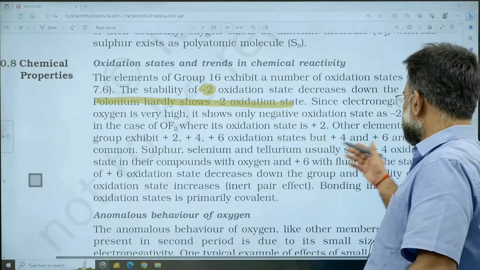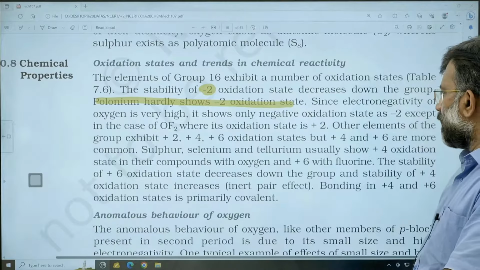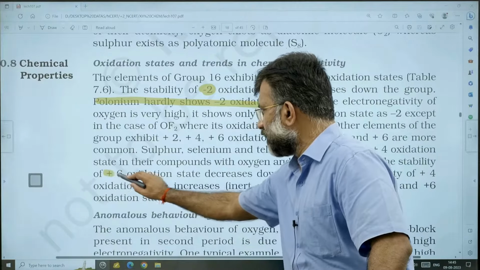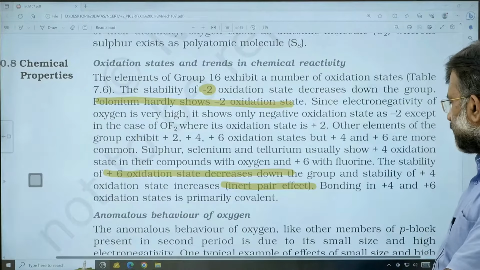Sulfur, selenium, tellurium usually show +4 oxidation state also. The stability of the +6 state decreases because of the inert pair effect.